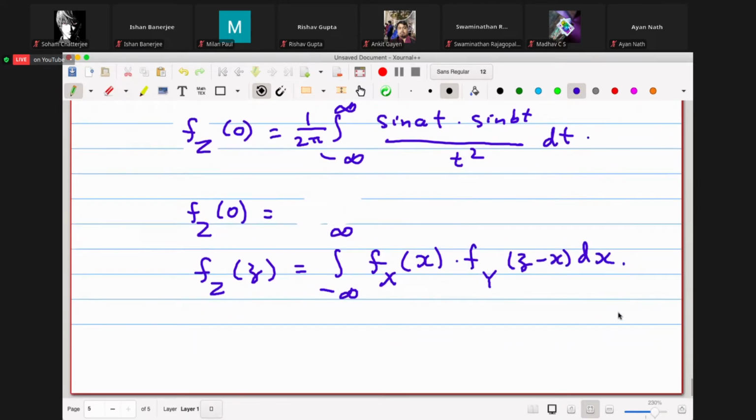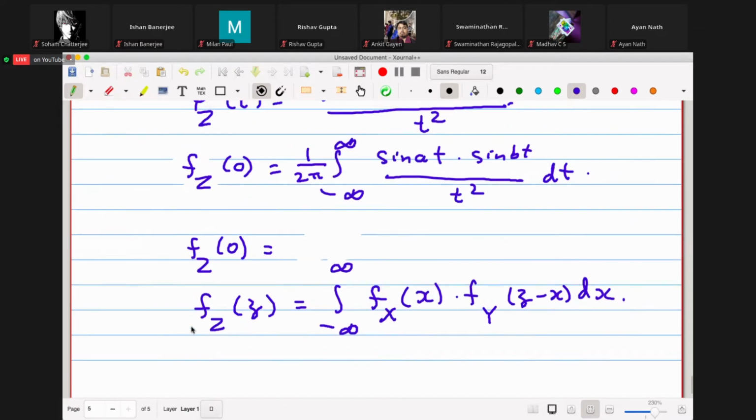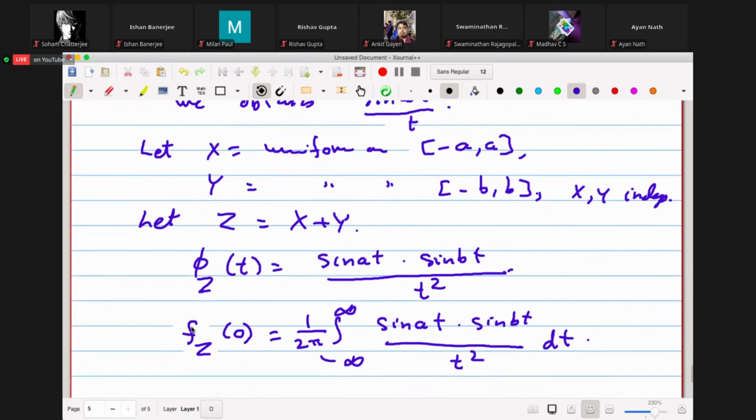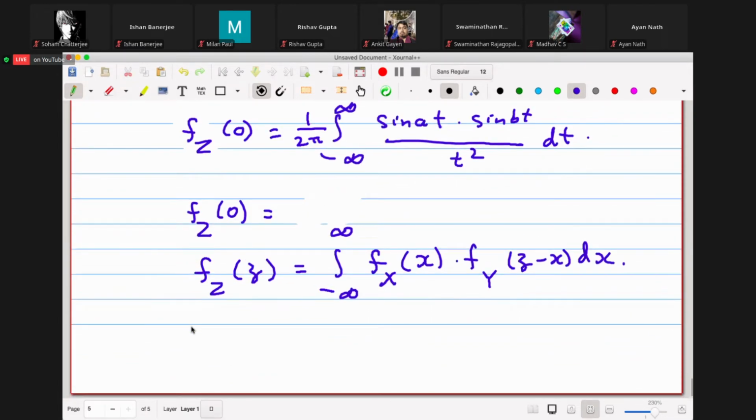But notice that f_X and f_Y are 0 outside of these intervals. So we want x to be within this interval: mod x less than or equal to a, and mod of z minus x less than or equal to b.